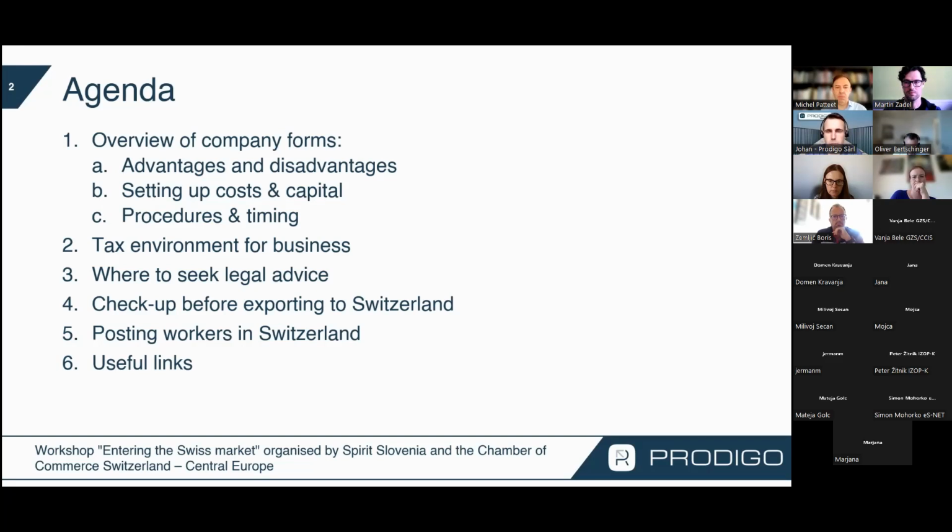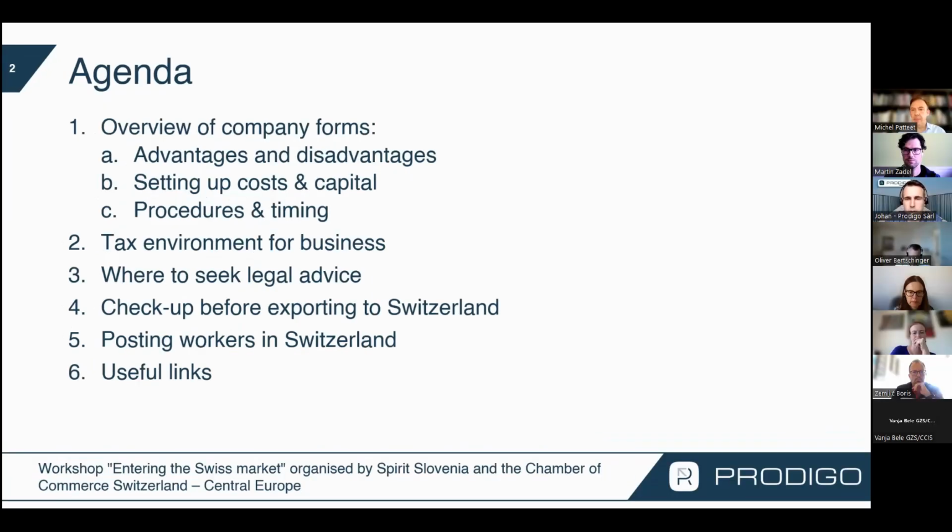Finally, I will share some information about posting workers in Switzerland if you have a project here. At the end, we gathered some useful links in the last section in order for you to be able to access concrete information and documents directly.